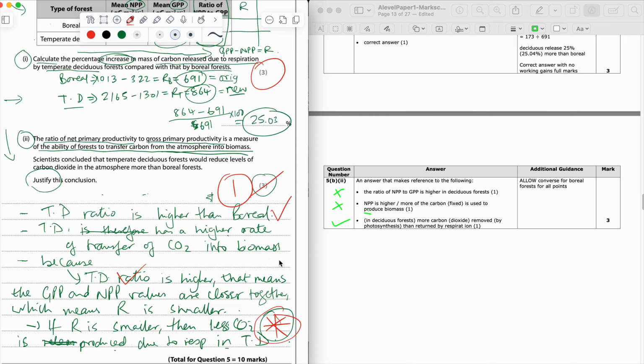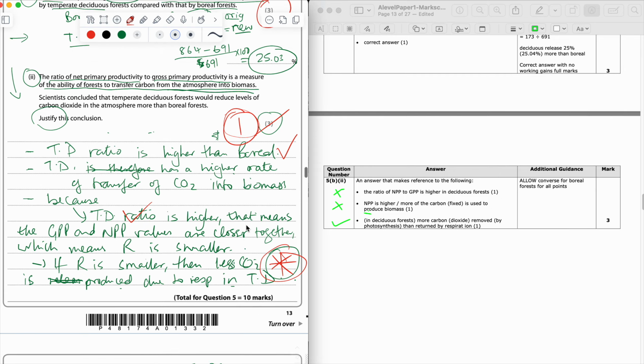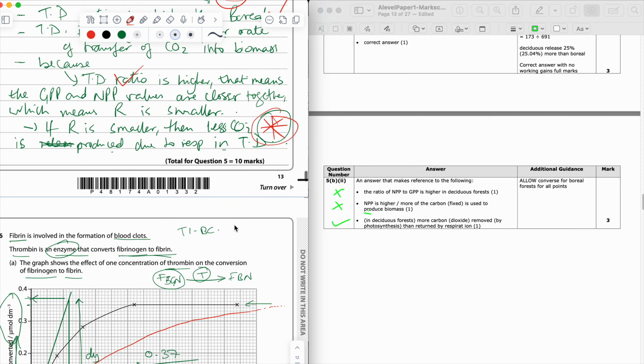The ratio is higher, that means NPP and GPP are closer together. Yeah, I think I might have got the more carbon dioxide removed by photosynthesis than returned by respiration. So I don't know. I think I'll stick with the 1 mark there. Not convinced by the other 2.